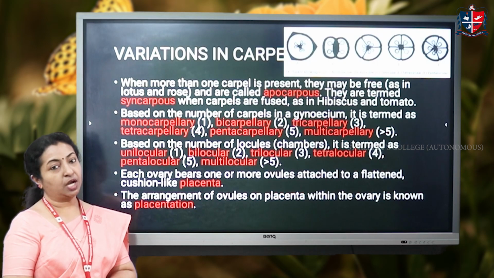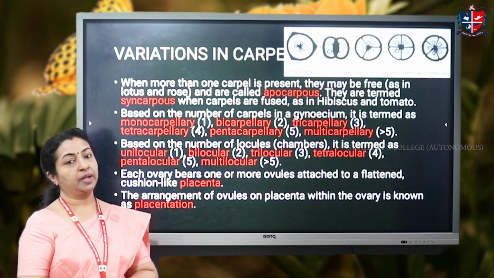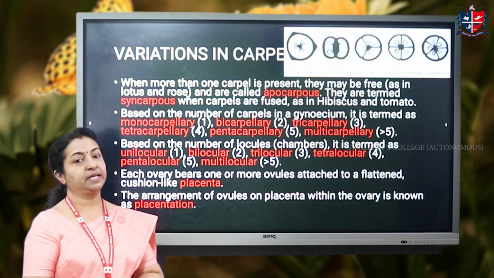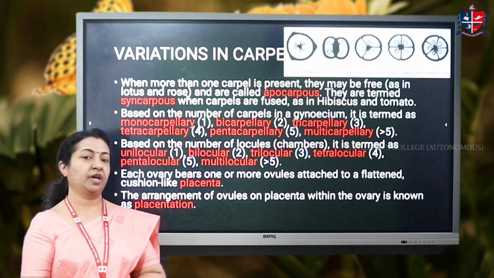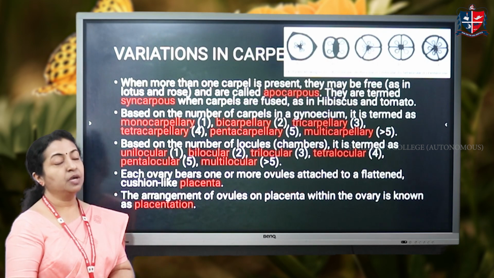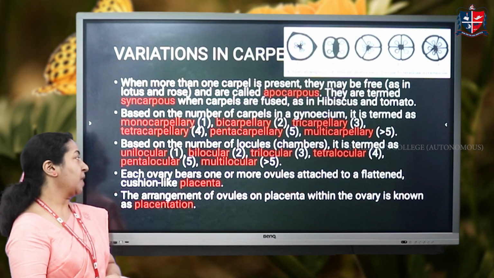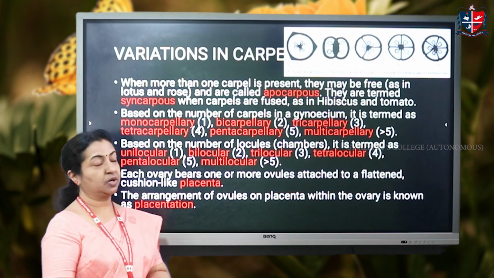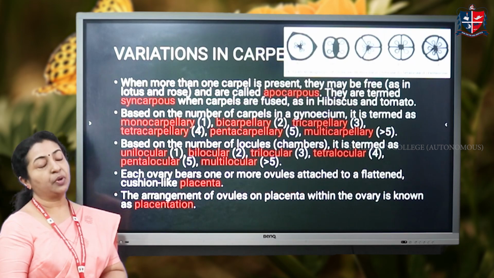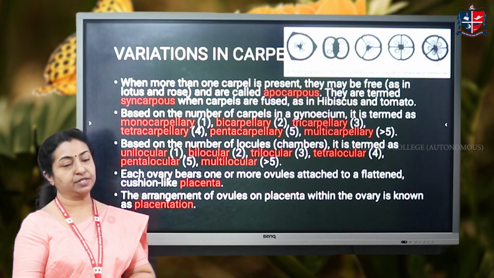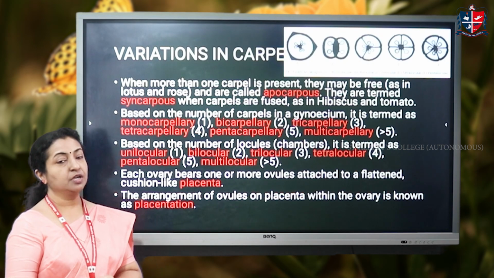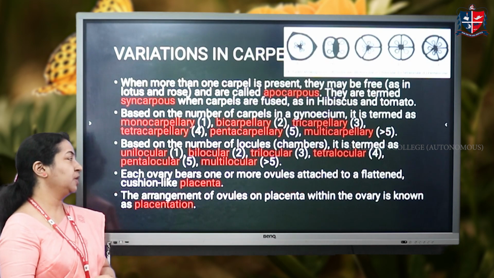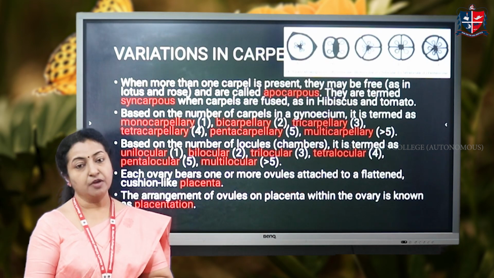We have monocarpellary for a single one, bicarpellary for two, tricarpellary 3, tetra for 4, penta for 5, and multicarpellary for more than 5. The number of locules, or the chambers per ovary, is also important. You have unilocular for a single chamber, bilocular 2, trilocular 3, tetralocular 4, pentalocular 5, and multilocular for more than 5.